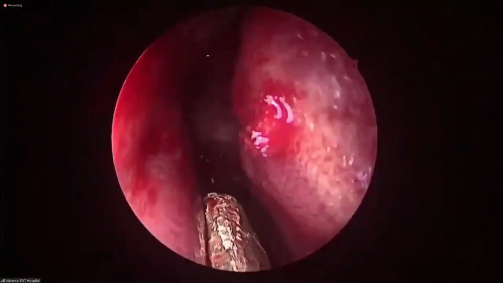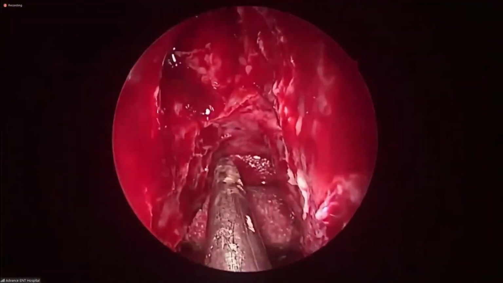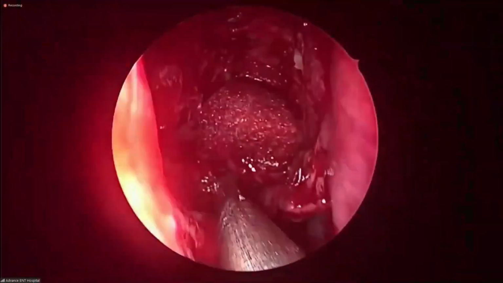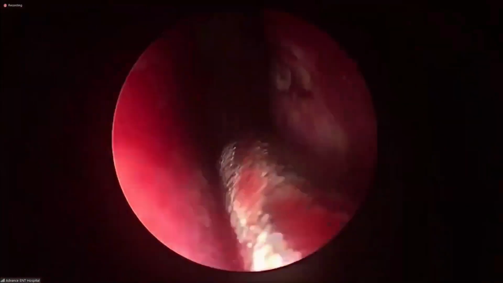Yeah, so this patient offered so many challenges. Hypertension, inflammation, septal deviation, significant deviation, massive disease, challenging anatomy.